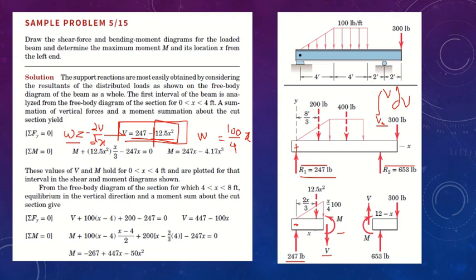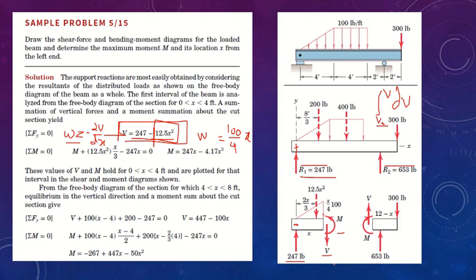So we have this equation, and then we have the shear force V acting on it. If we integrate the same way, if you remember correctly, V is equal to dM by dx.